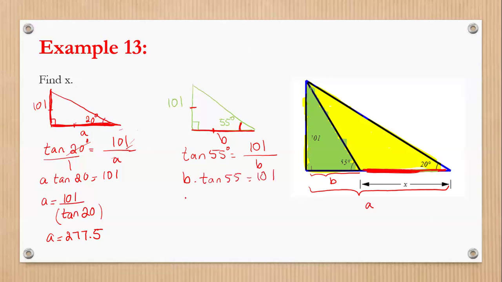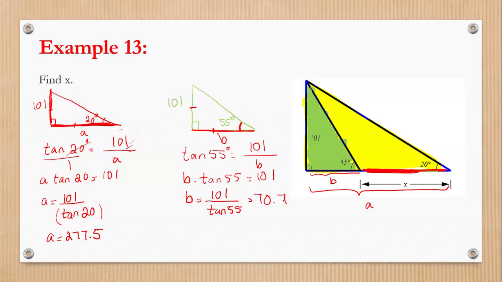Divide both sides by the tangent, and B is equal to 101 over the tangent of 55. Put this in the calculator, and don't forget to open a parenthesis for the denominator.